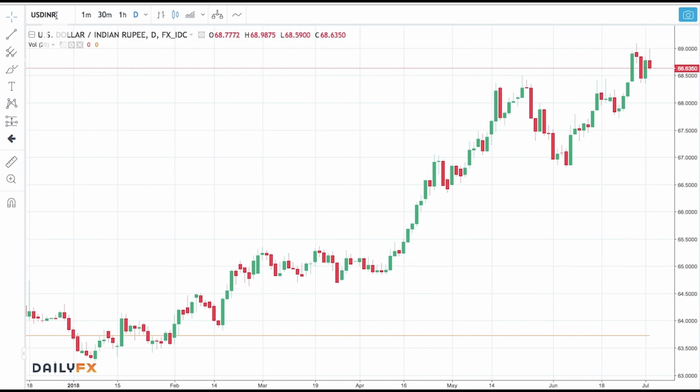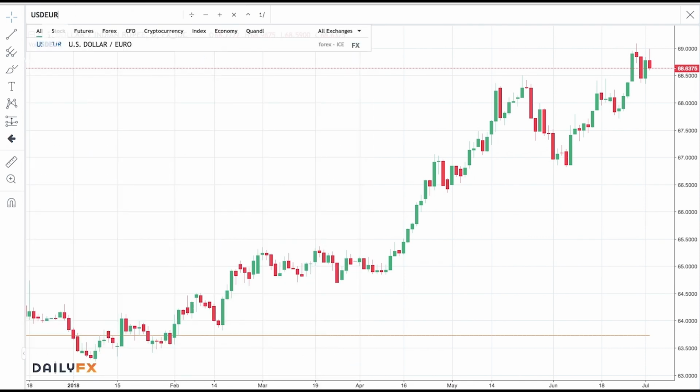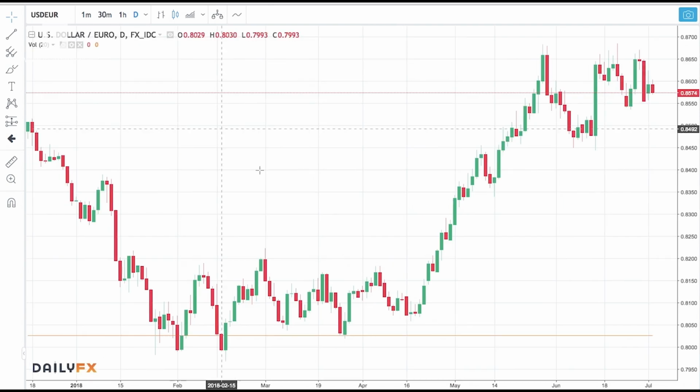So let's see the most liquid currencies that are there in the Forex market. First, we'll begin with the USD Euro. Now in the USD Euro, you'll see that around the start of 2018, that's around here, you would have to pay 0.8 of a euro to get $1.